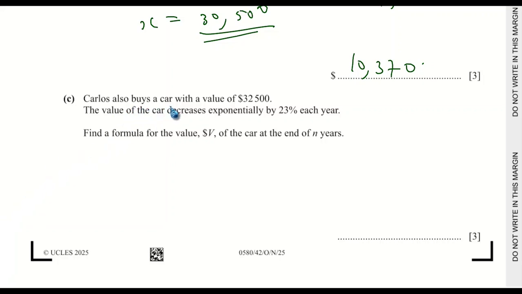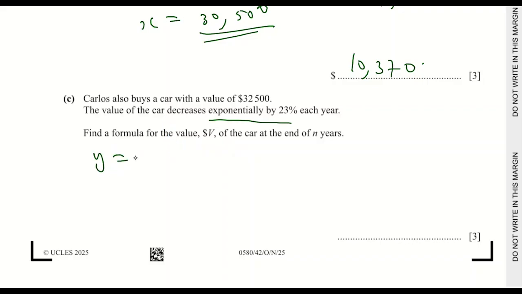Carlos also buys a car with a value of $32,500. The value of the car decreases exponentially by 23% each year. Find a formula for the value V in dollars of the car at the end of n years.